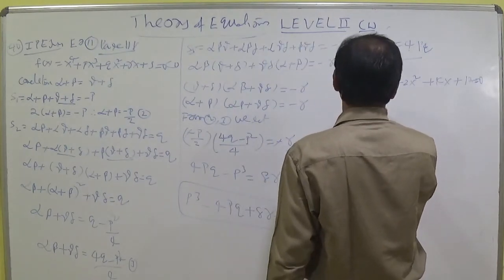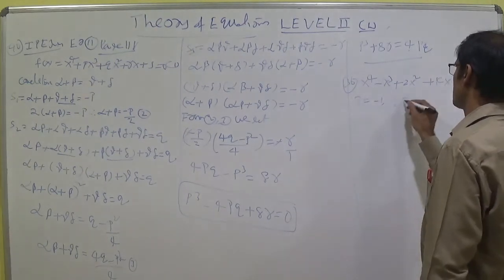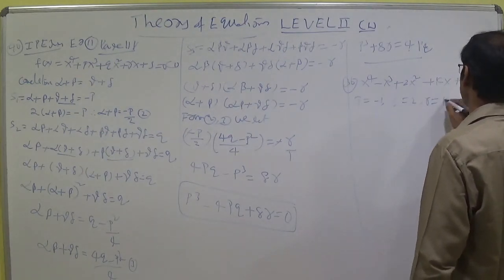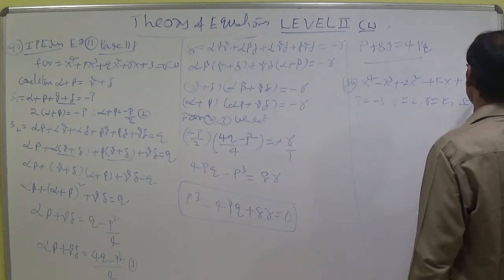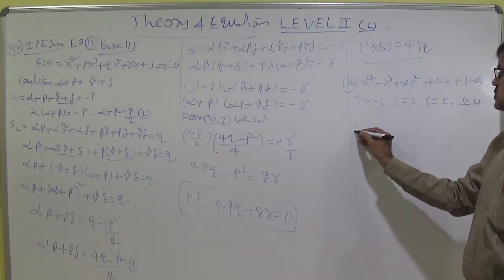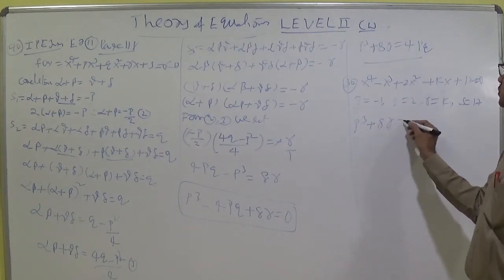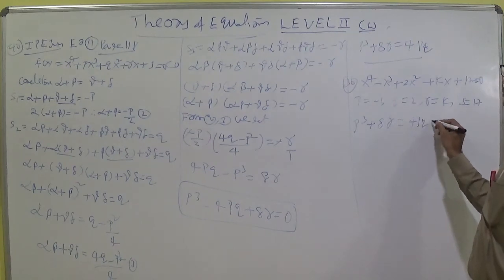So, by observing the 40th question, you can write p is equal to minus 1 here, q is equal to 2, r is equal to k, and s is equal to 17. Of course, there is no relation with s. Use p cube plus 8r is equal to 4pq.